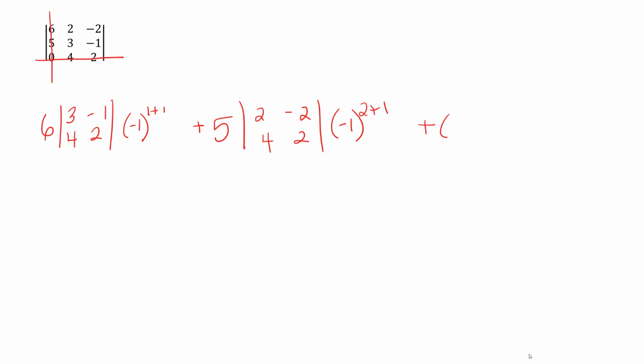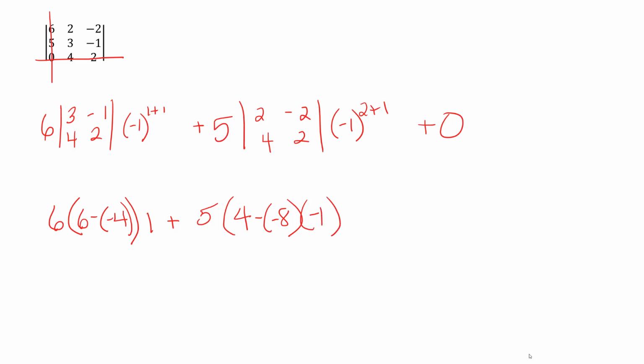And we will just multiply all that out. So 6 times 6 minus 4 minus -4, and times 1, and then 5 times 4 minus -8, and that will be -1. And multiply it all out, and we're going to get 0 for that last determinant.